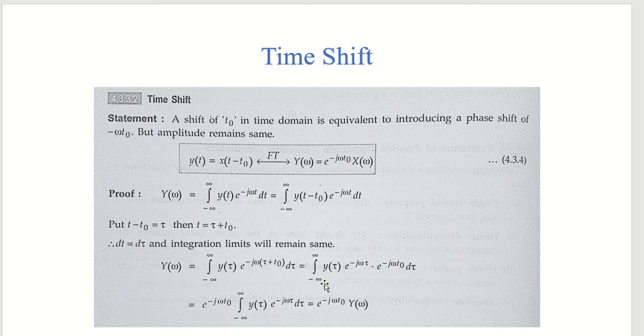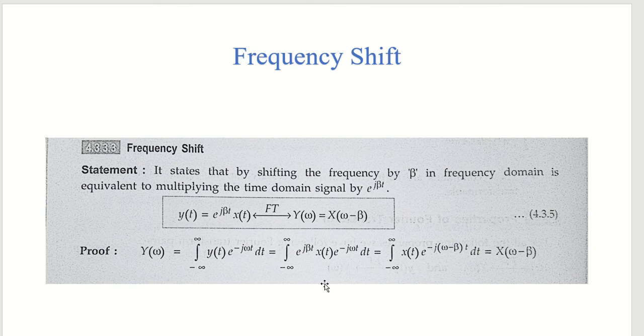In the same way as the time shifting, we have frequency shift. And what does it say? It is the same as time shift. It says that shifting the frequency by some beta in the frequency domain is equivalent to multiplying the time domain signal by e raised to j beta t.